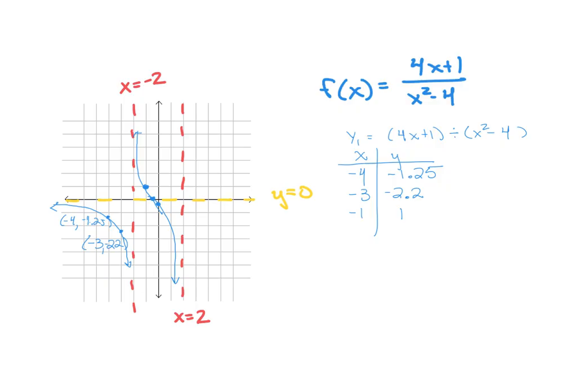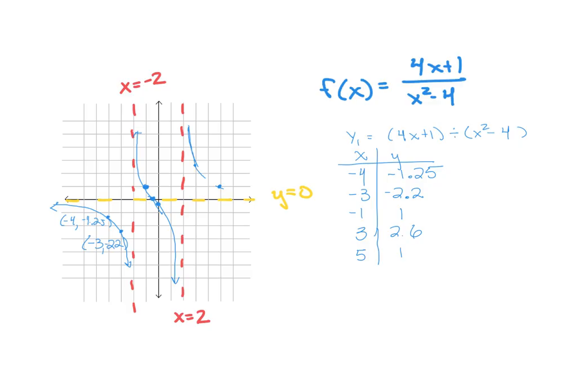All right, if we go over to the right side, when x is 3, I get y is 2.6. I'm going to skip 4 because it was not a nice number. And when I plug in 5, I get y equals 1. And so we'll go ahead and plot those. So 3, 2.6, 5, 1. And then we have our graph.